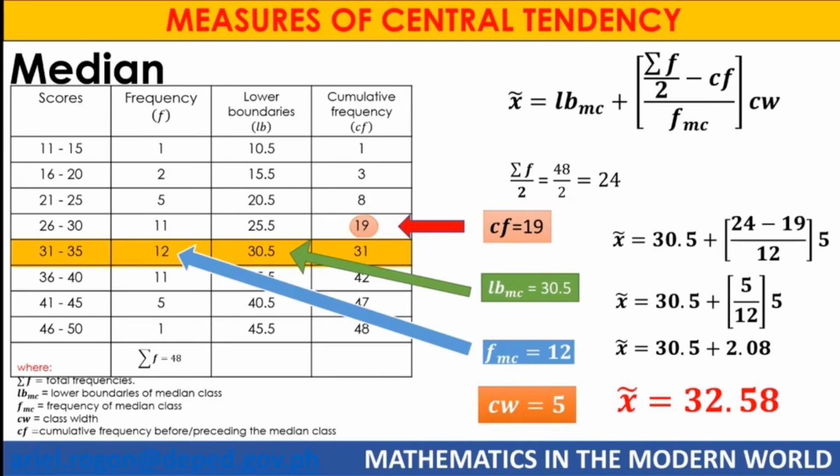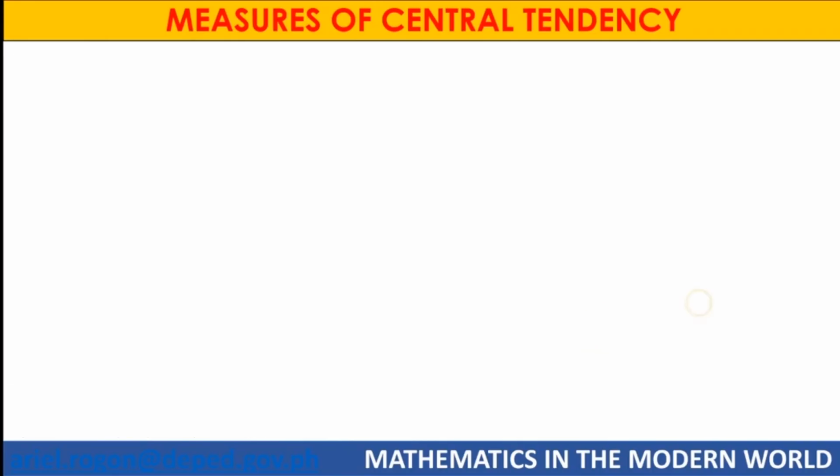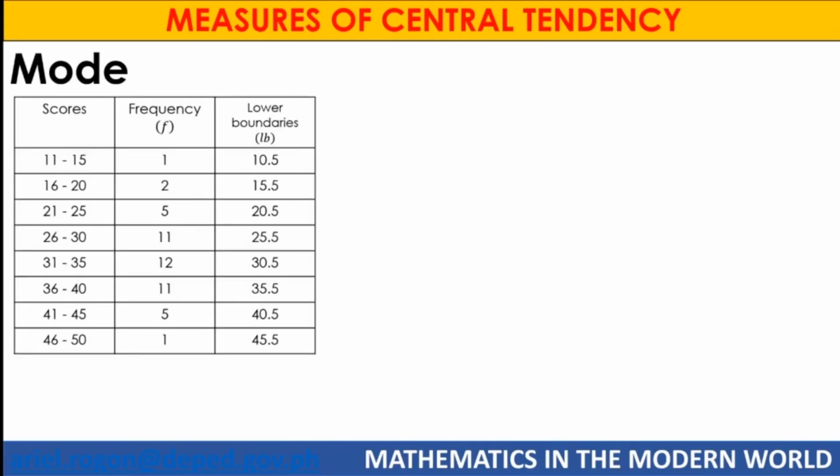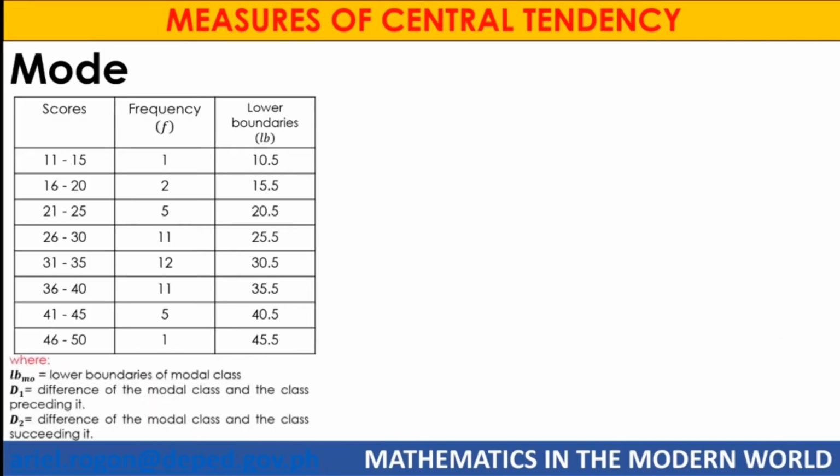Okay? So let us proceed now to the last central tendency, which is the mode. In solving for our mode, we will be using the lower boundaries and also the given. We have the scores and the frequency as our given, and also the lower boundary, the LB, for us to get the lower boundary of the modal class.